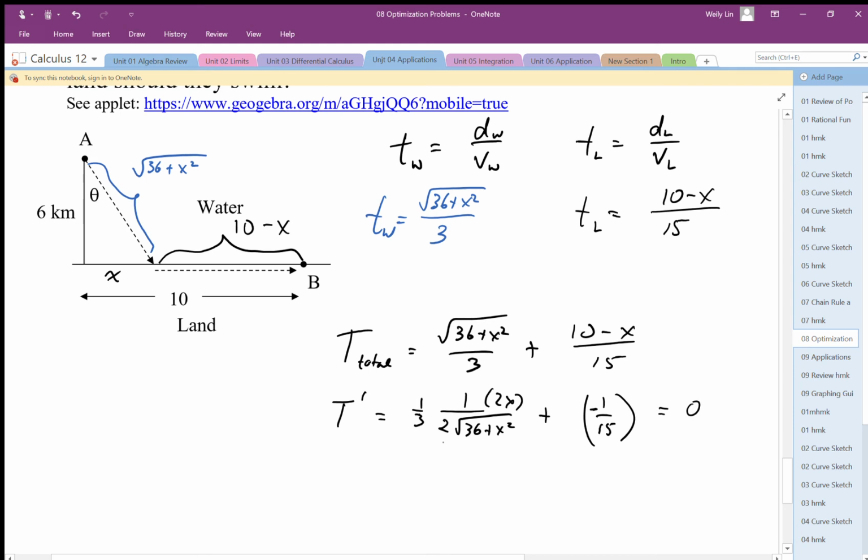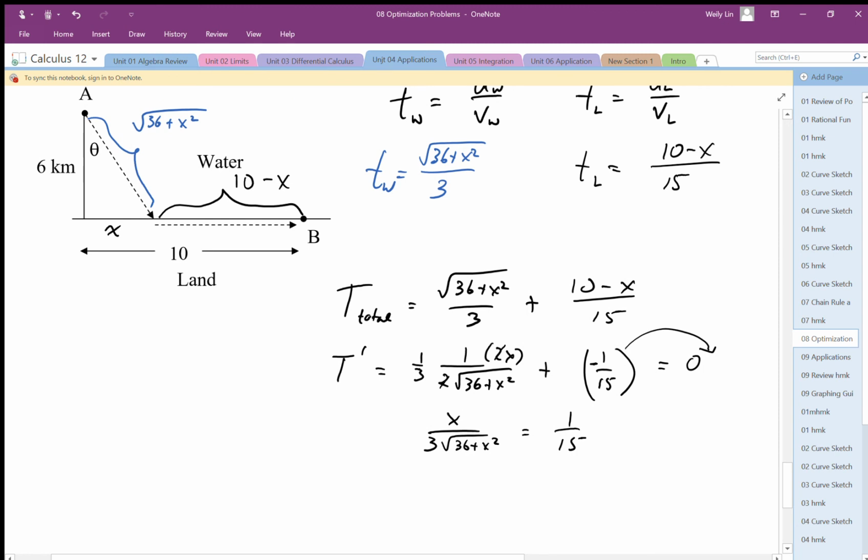Now I have my equation. I'm going to simplify this a little bit. Setting it equal to 0, I'm going to end up with x over 3 root 36 plus x squared equal to 1 over 15, where I just move that 15 to that side. Solving this equation, by cross multiplying I end up with 5x equals the square root of 36 plus x squared.